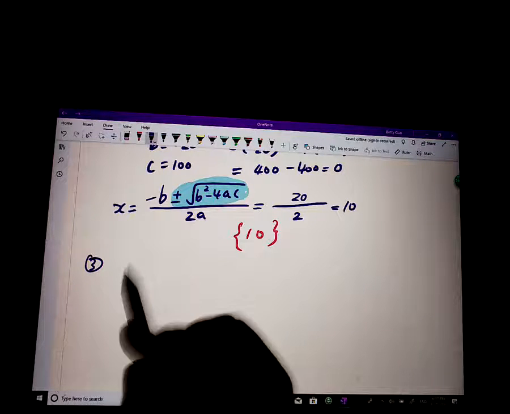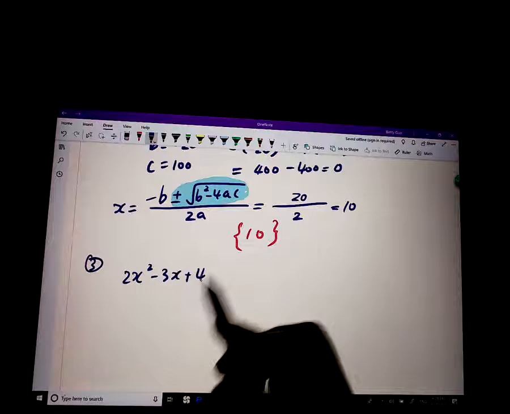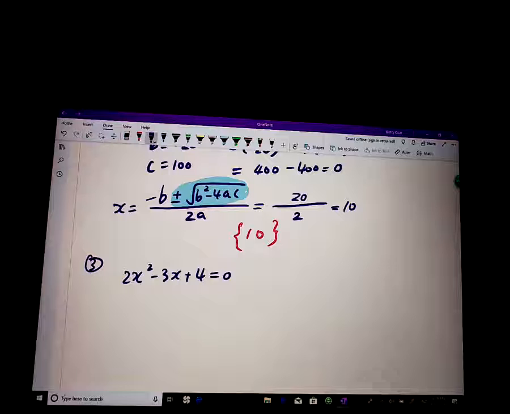The equation is 2x squared minus 3x plus 4 equals 0. Okay, so let's see how we apply the quadratic formula to solve this equation.